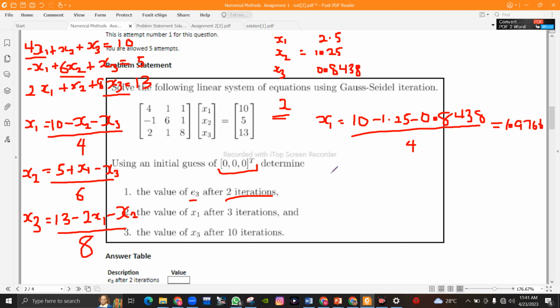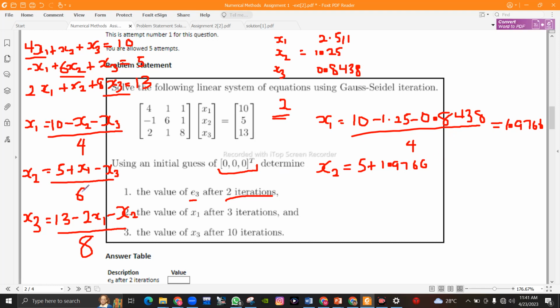So let's go for x2 also. Our x2 is equal to 5 plus x1. x1 is now 1.9766. Assuming it's Jacobi, we'll still use this 1.9766.